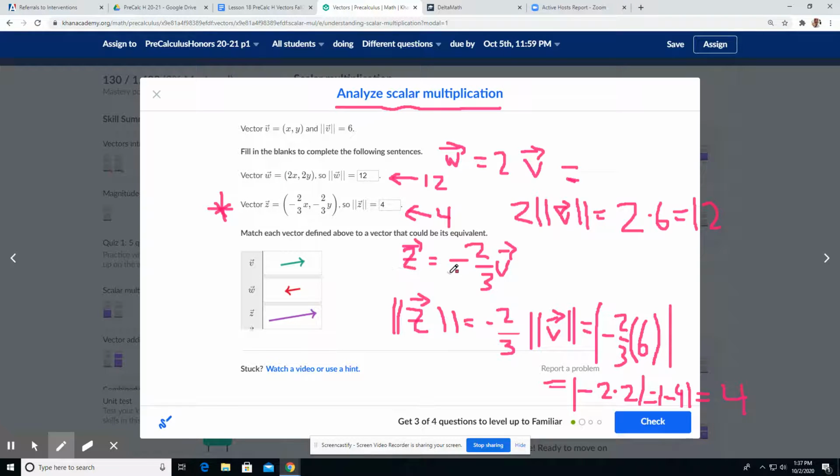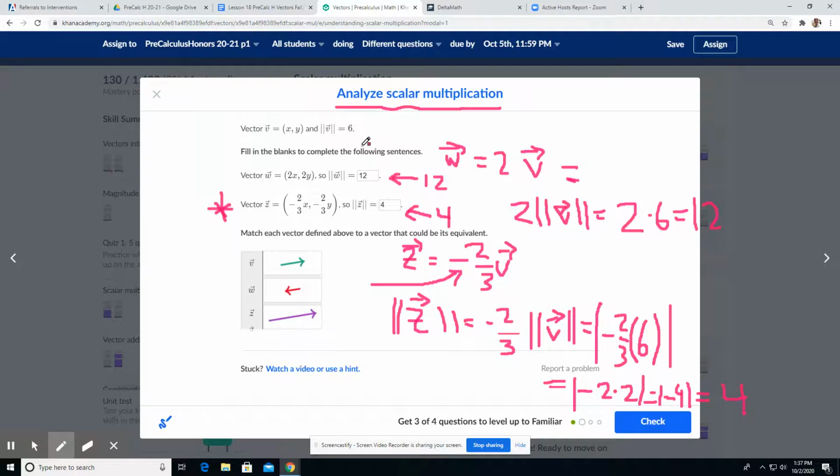It had that negative as a scalar multiplier. A negative as a scalar switches the direction on the vector. So right away, the only one that switched direction is this one right here. So that one would match to vector z, and then we would just look at which one's bigger and smaller.